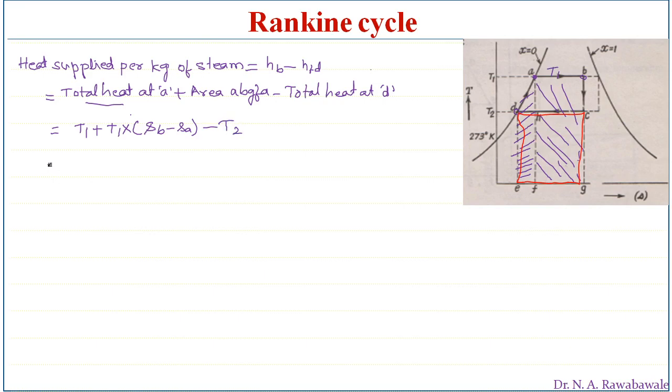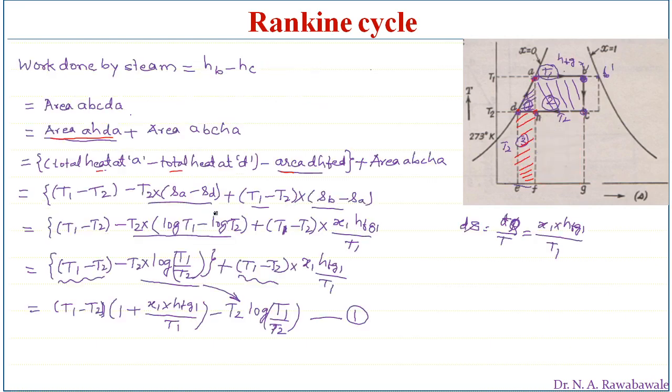So we can further write this as (T1 minus T2) plus T1 into (SB minus SA). So this T2 is taken along with T1, and T1 minus T2 we have written. Again, we can rewrite this as (T1 minus T2) plus, where SB minus SA in the previous equation we have substituted as x1 HFG1 divided by T1.